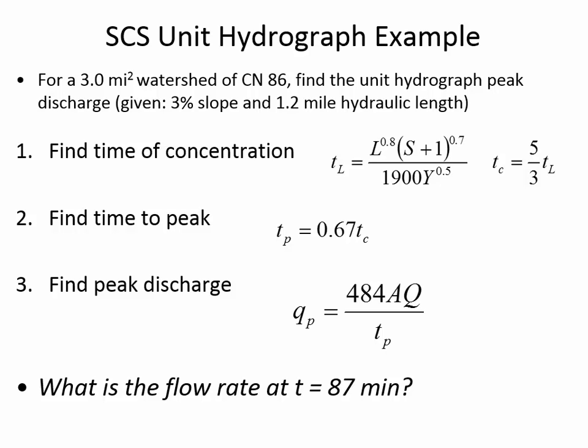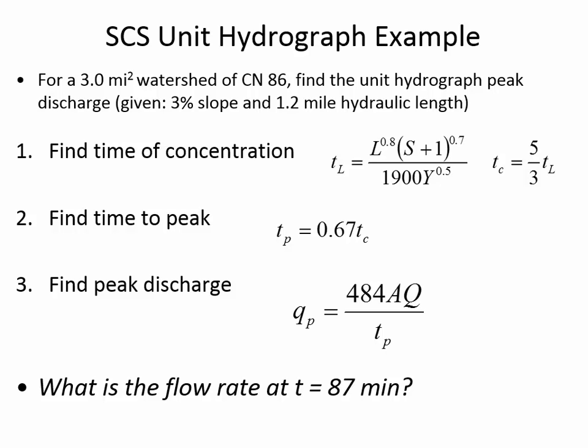So when we calculate the lag time, we're going to have the hydraulic length of 6336 feet, which we're told is 1.2 mile hydraulic length. So L is 1.2 miles times 5,280 feet per mile.